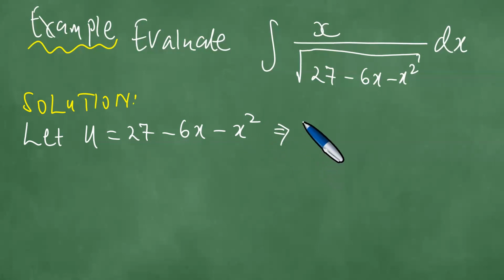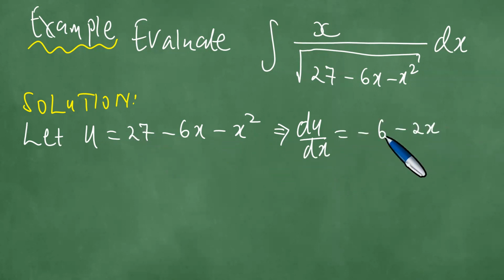And what is this? So you're going to find du/dx. So this one is 0, and therefore we have minus 6 minus 2x.